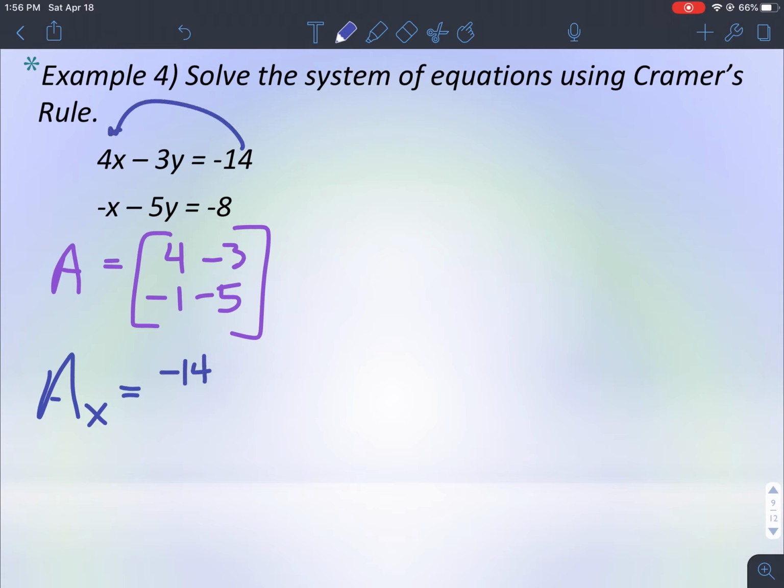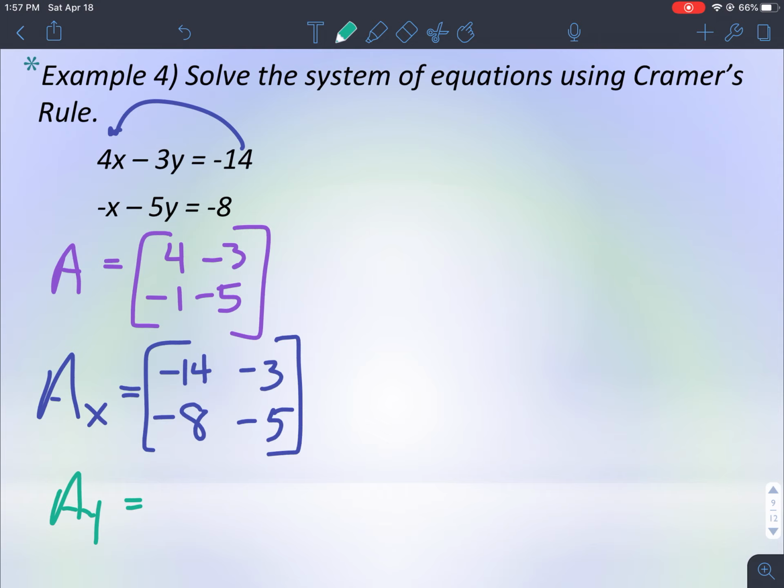Replace. Keep the y coefficients the same. Then I'm going to form the augmented y coefficient matrix. Keep the x's the same. Replace.